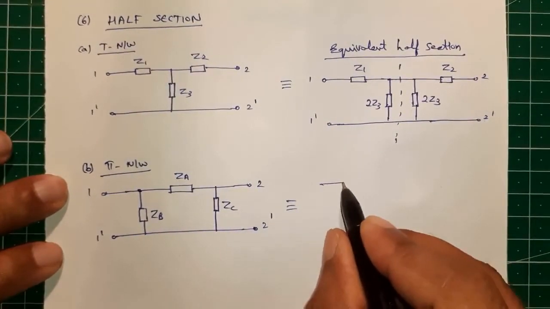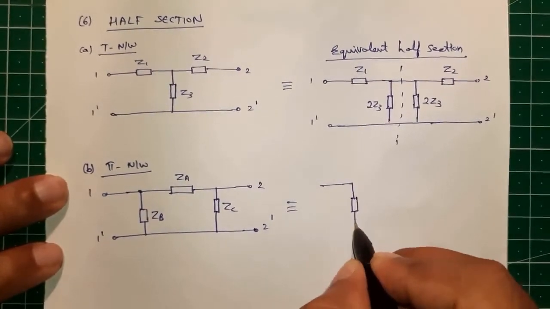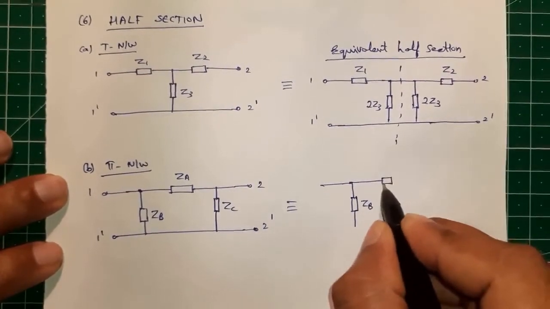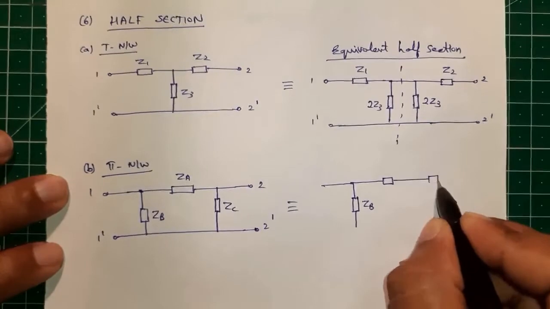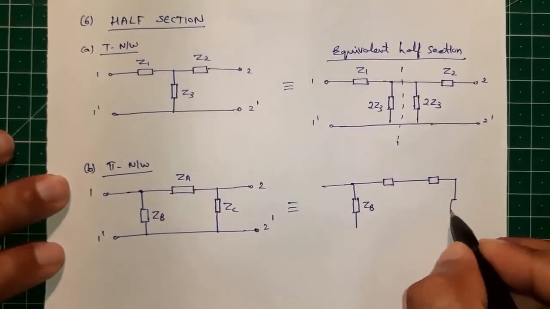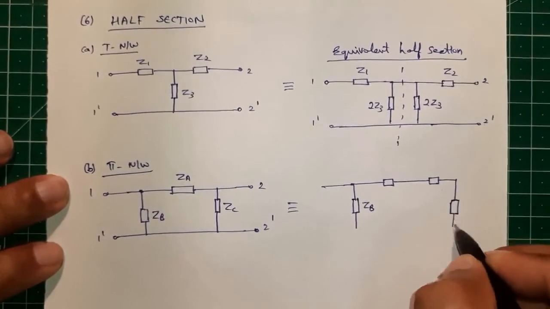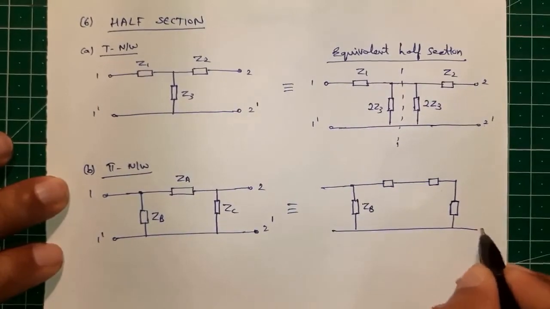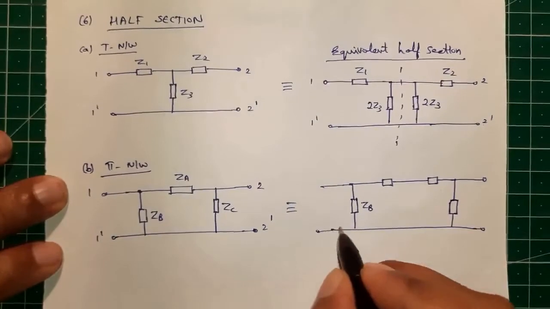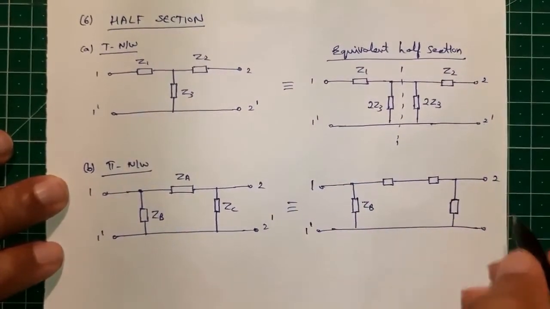So we have the first arm, this is not disturbed, and we split the series arm into two impedances, and the shunt arm impedance ZC on the output side is also not getting changed. So we have 1 1 dash, 2 2 dash.